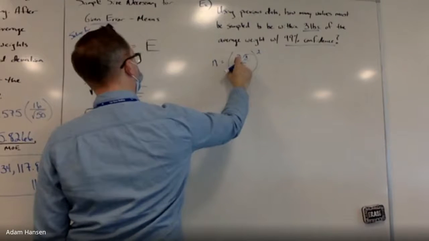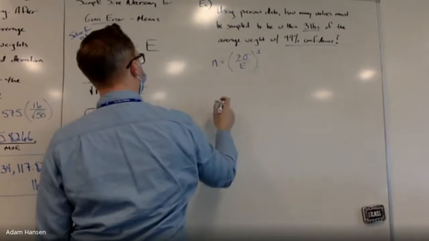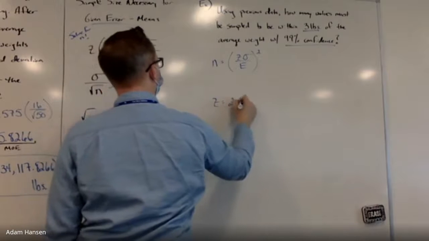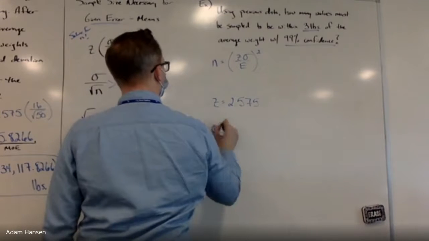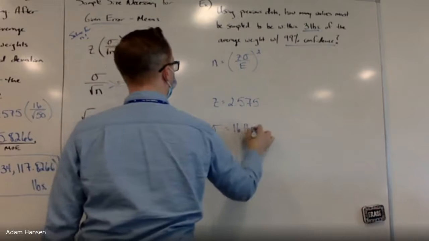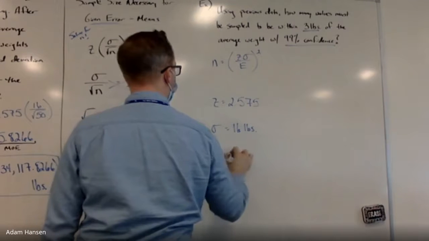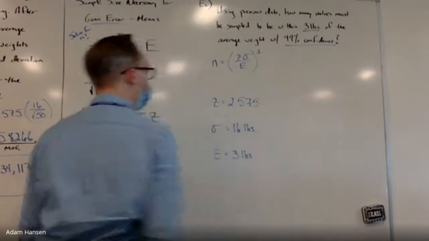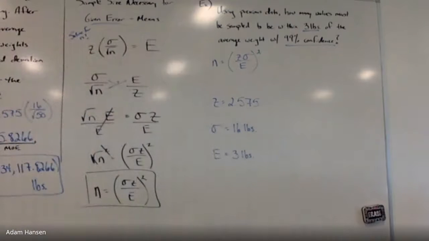So z-score for a 99% confidence interval, same one from earlier. The standard deviation of the wolves' weights was 16 pounds. And my allotted error, I want to be no further than 3 pounds away.